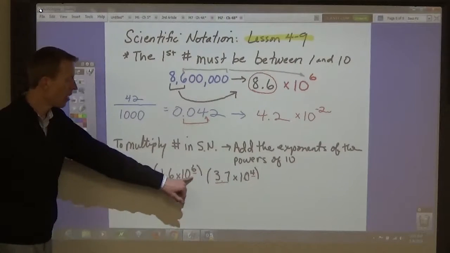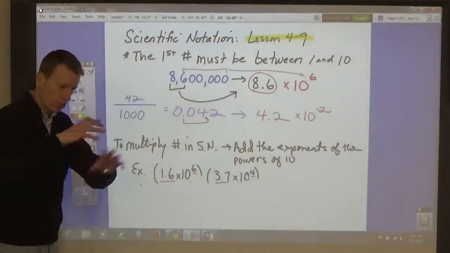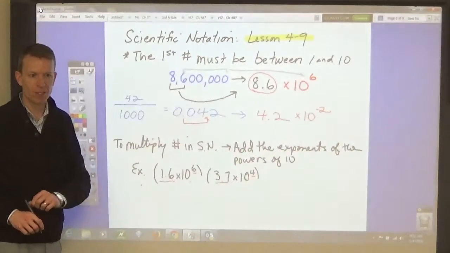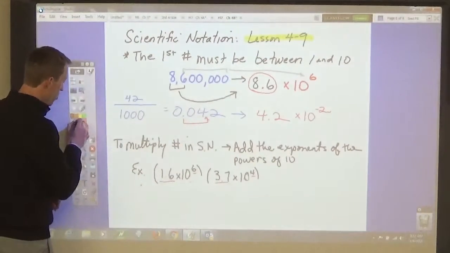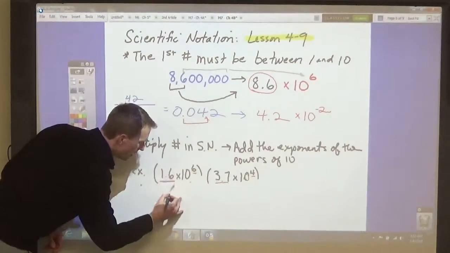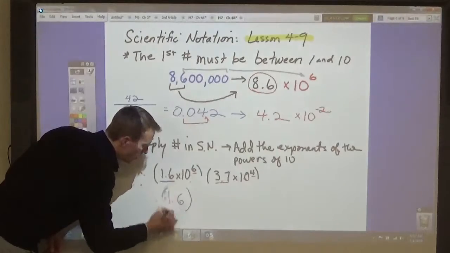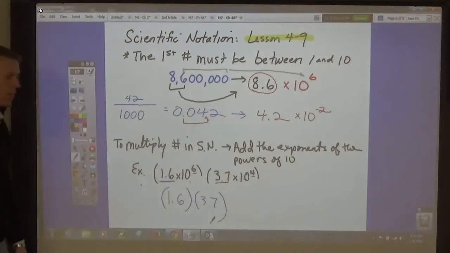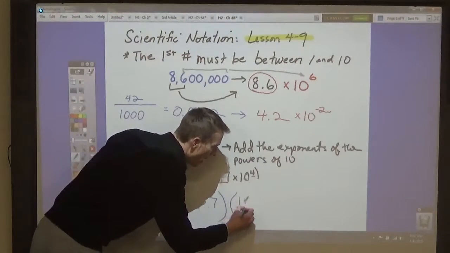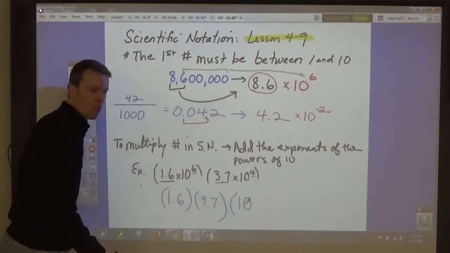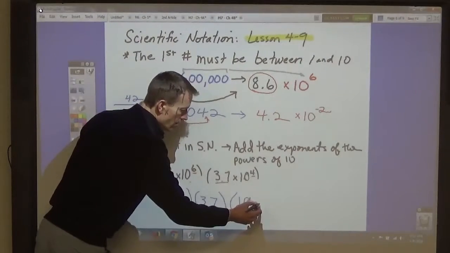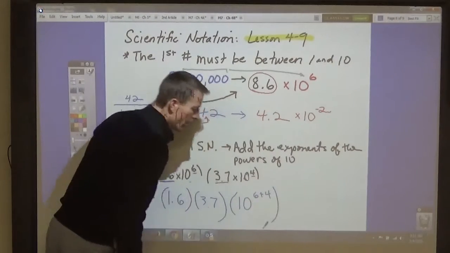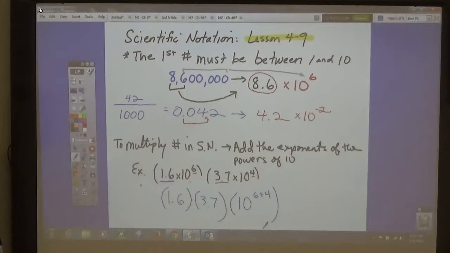Because these are all multiplication, we can switch the order, right? Using what? The commutative property. So we could do 1.6 times 3.7, and then times 10 to the 6 plus 4 power, which is 10 to the 10th power.